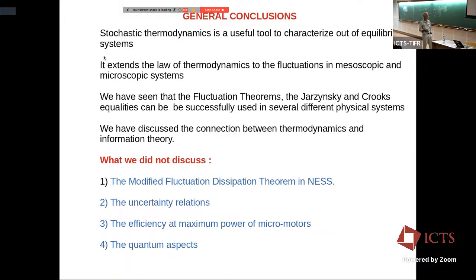And what I didn't discuss at all are the quantum aspects of all these systems. I hope that I gave you an overview of these subjects. Much of what I said can be found in an article that I wrote in PRX in 2017, on which this whole talk is based. Okay, and so I thank you for your attention.